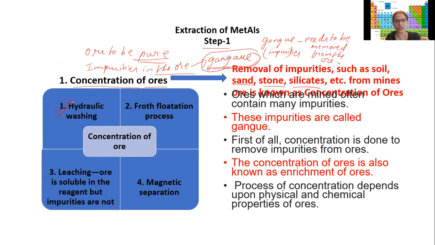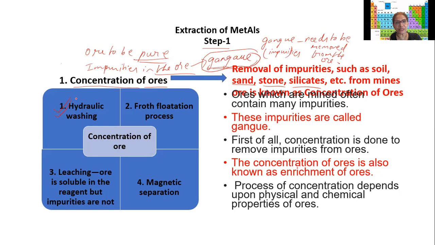Hydraulic washing, washing here means with water. So what happens here is the impurities get washed away with the water, and the pure ore remains behind, which can be collected. A jet of water is poured on the ore. When I say jet of water, it is with full force, a lot of pressure. Then what happens?